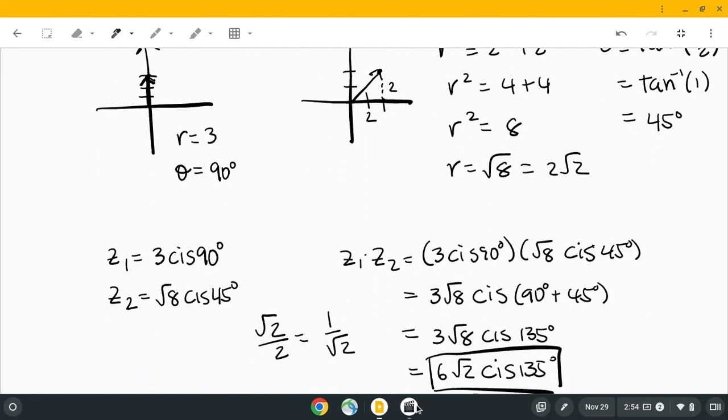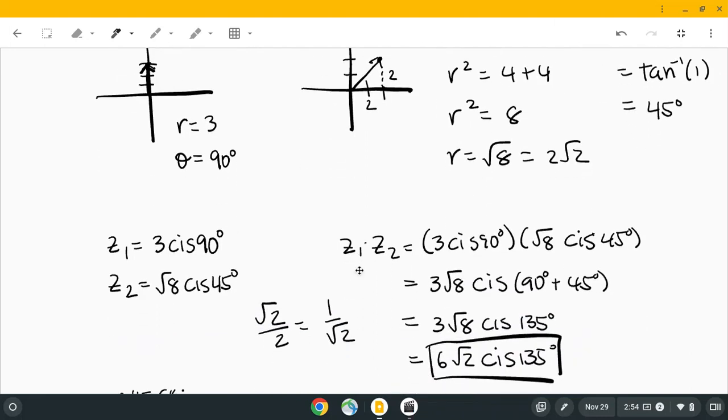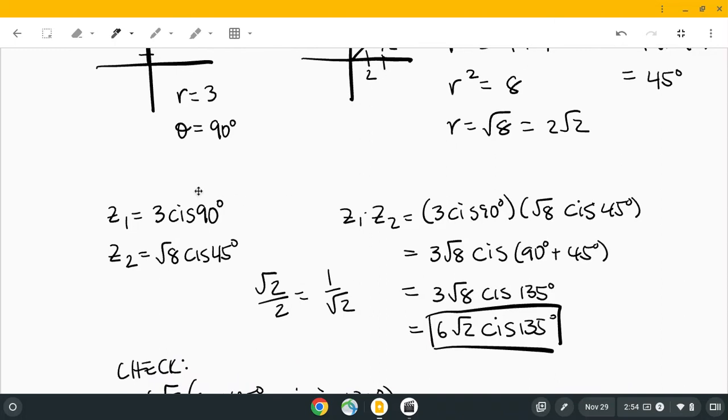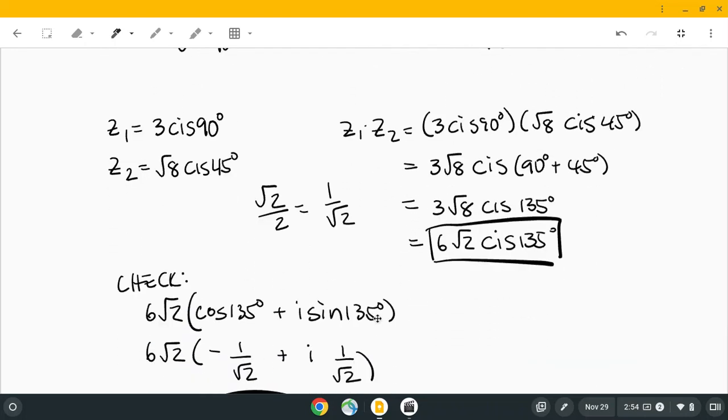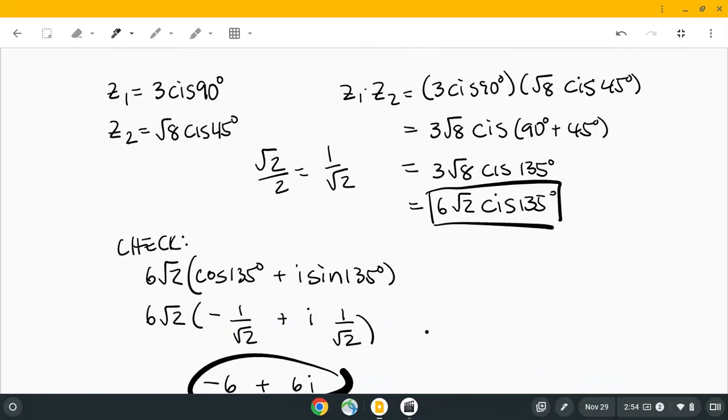Okay, all right, that is it for multiplying and dividing. If I wanted to divide these, then I would just do 3 divided by square root of 8, cis 90 minus 45. So that's all there is to it. If you have any questions about multiplying or dividing in trig form, make sure you email me.